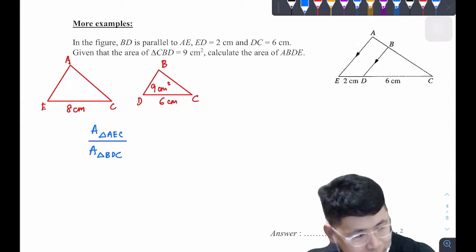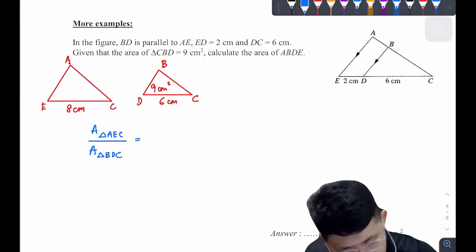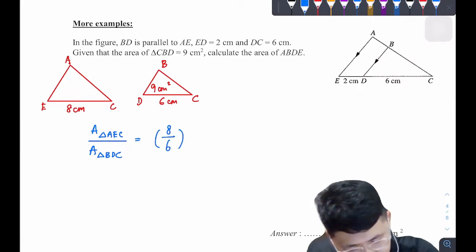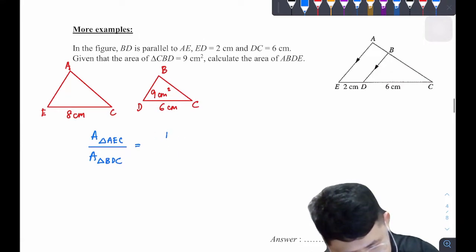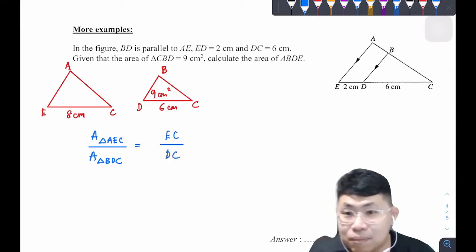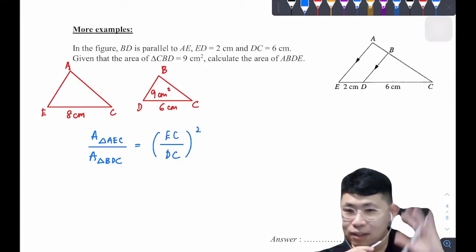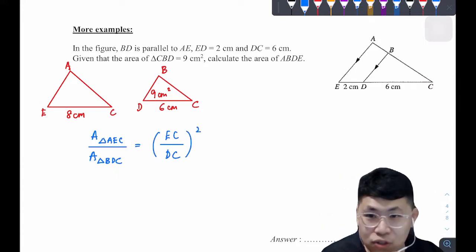Then this is going to equal the big one, 8 over 6, which is EC over DC, but squared, because the length needs to be squared to match the dimension of the area.